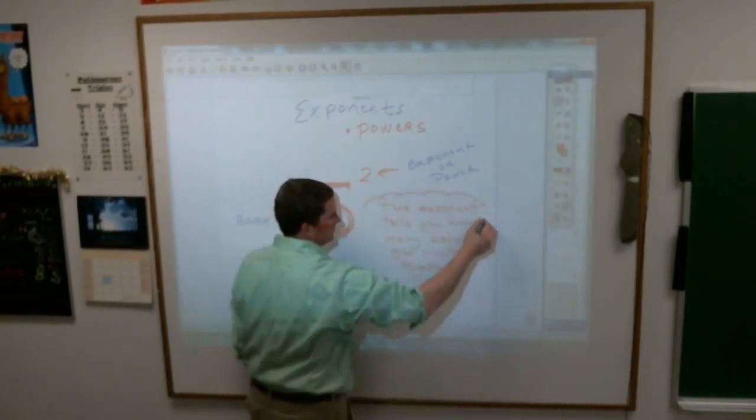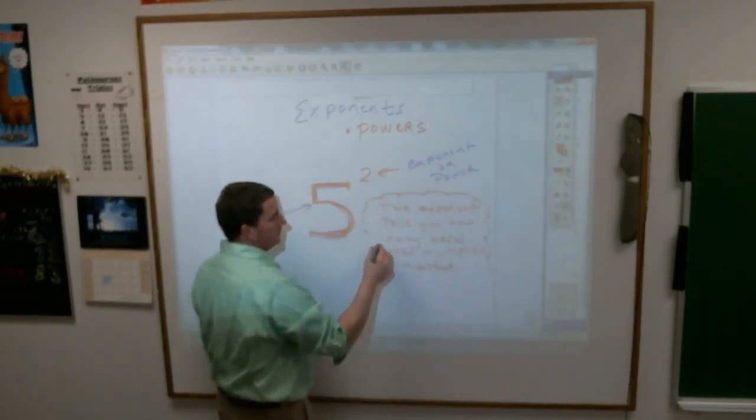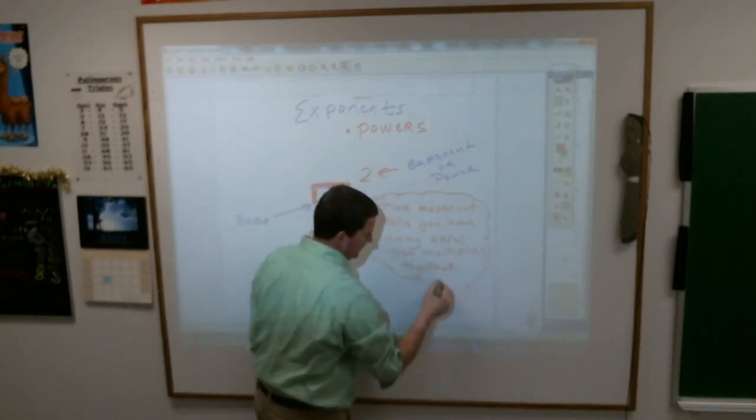The exponent tells you how many bases get multiplied together.